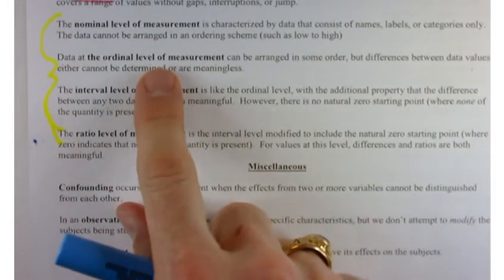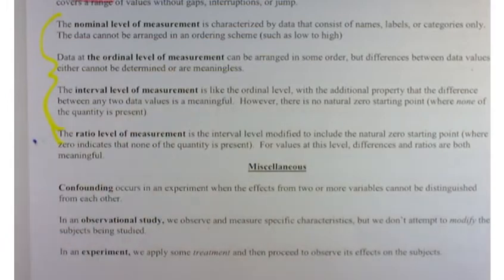Ordinal data is a little bit different. Ordinal data are things that could be arranged in an order, but it doesn't necessarily make sense to subtract things within that. The first example that comes to mind would be your grade in a class. You could get an A, you could get a C, but it doesn't necessarily make sense to subtract the two.